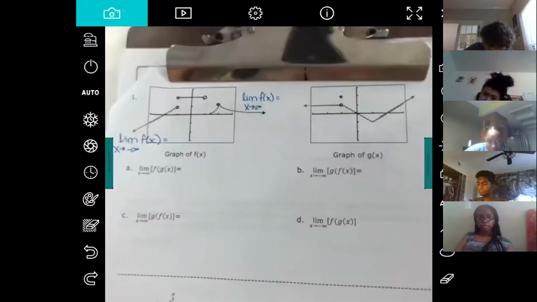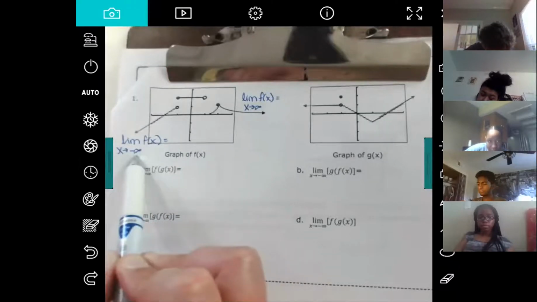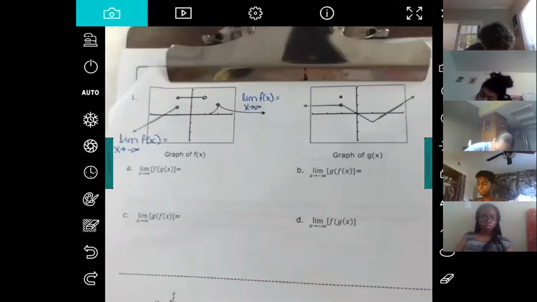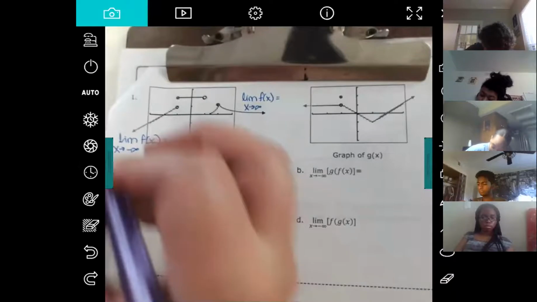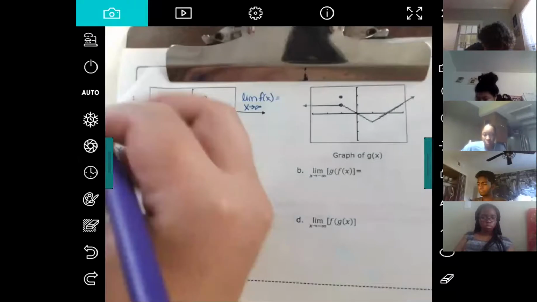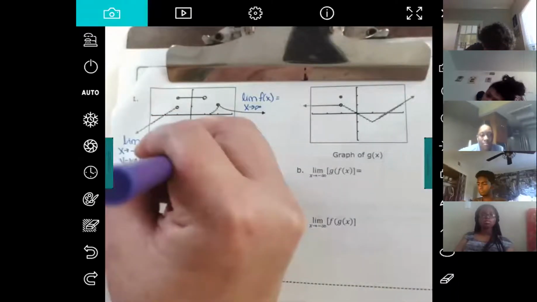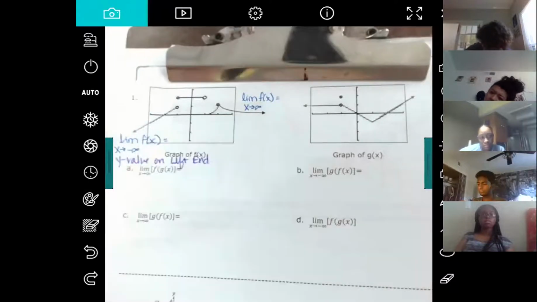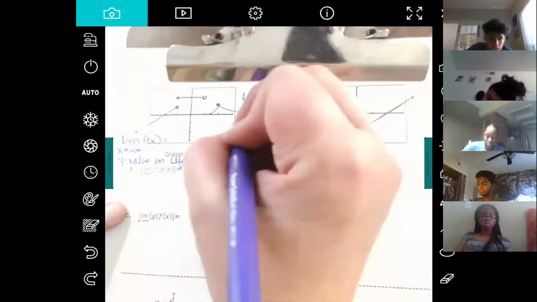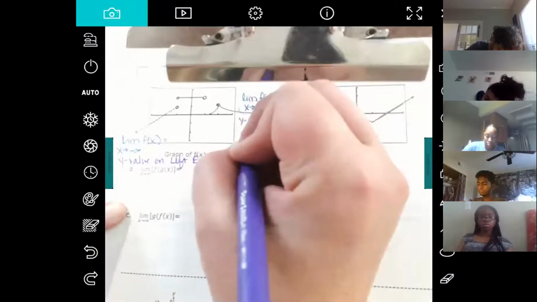They're like, oh, well, this side's going down, so that's why this is a negative infinity. No, that's on the x-axis. x going to negative infinity means that you're moving to the left. So that means that you're going to be looking at the y values on the left end. And you're looking to see what they're going towards. Versus x approaching positive infinity, I want the y value on the right end.